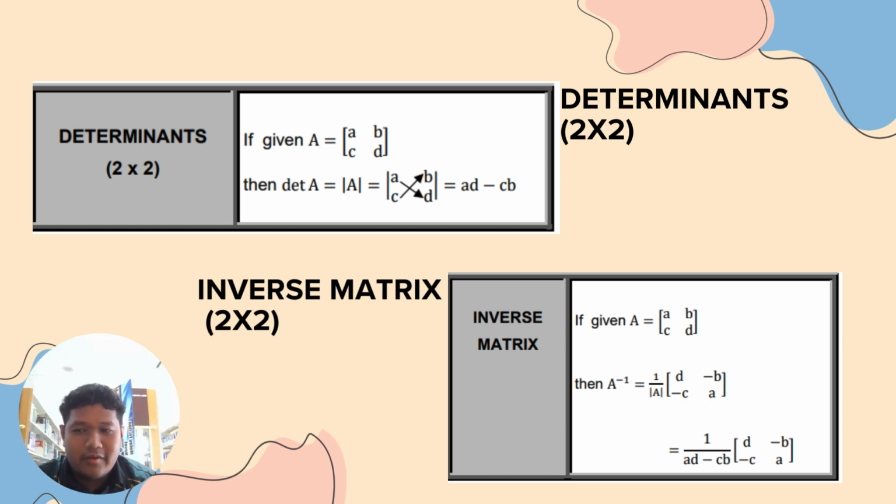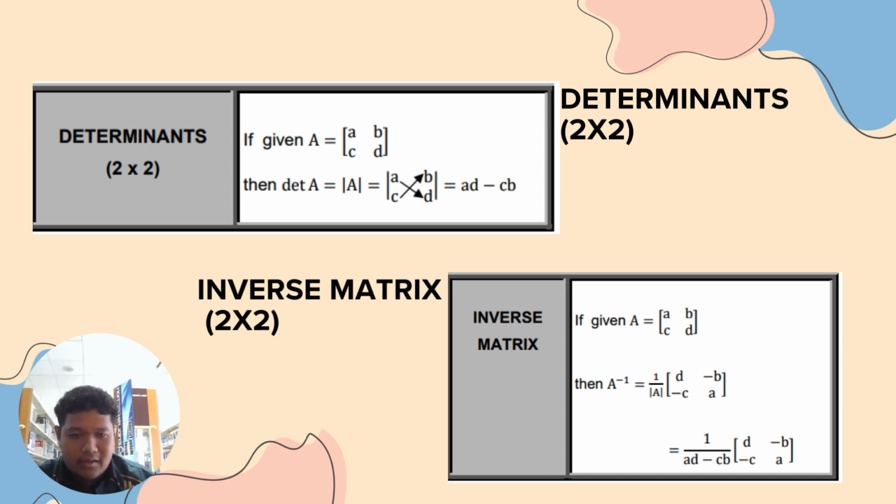Given matrix A is equal to A B C D. Then the inverse of matrix A is equal to 1 over determinant A, which is AD minus CB, multiplied with a new matrix, where A changes to D, and B and C change the symbol operation from positive to negative.